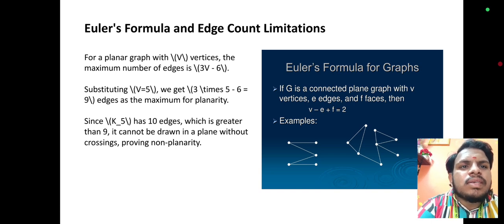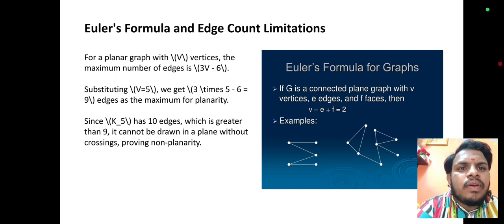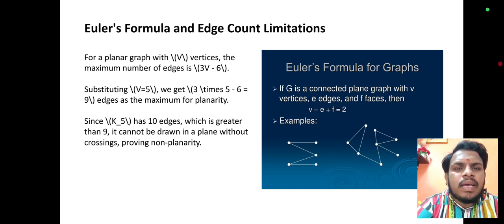Euler's formula gives a constraint on the number of edges for a planar graph with V vertices: the maximum number of edges is 3V minus 6.